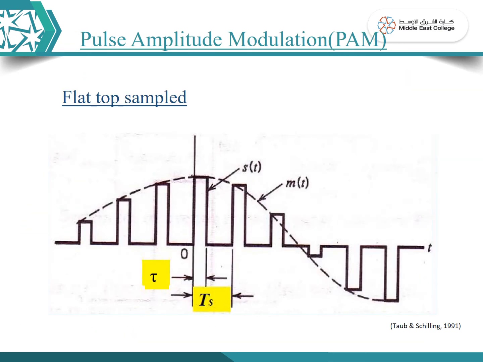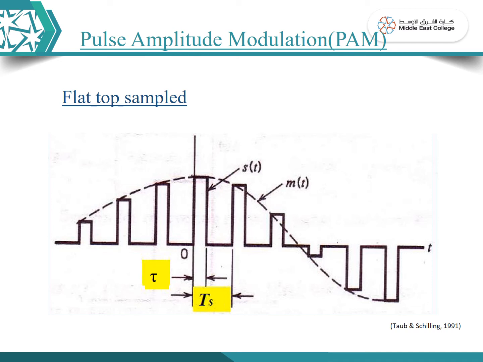Now this is the figure. Here, see, this is the moment where your switch S1 is closed, so the capacitor will charge up to this amplitude. Then the capacitor will hold this charge for a time period of tau seconds.